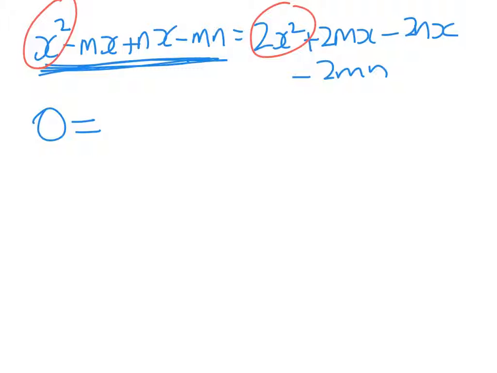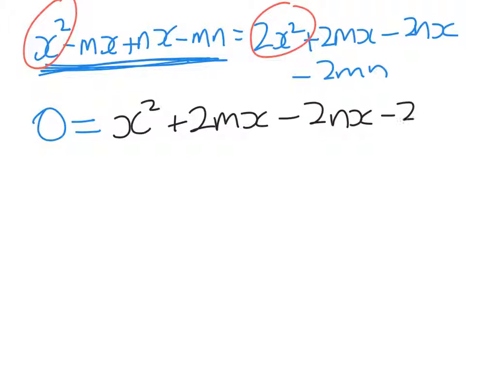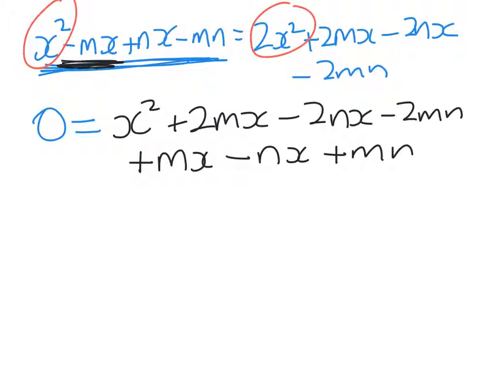So off we go, we get x squared. I'm just going to write everything down and do the subtraction really slowly because this is where a lot of students make silly little mistakes. So we're going to add on mx, we're going to subtract off nx, and we're going to add mn. That's adding that on, subtracting that, and adding that.